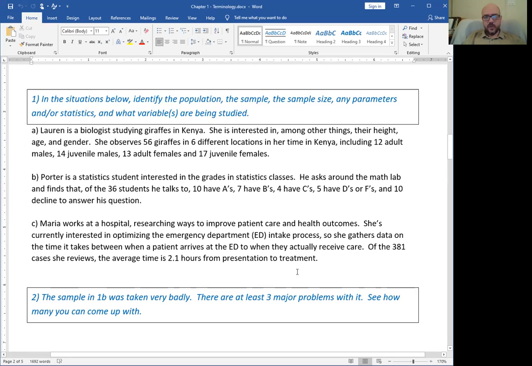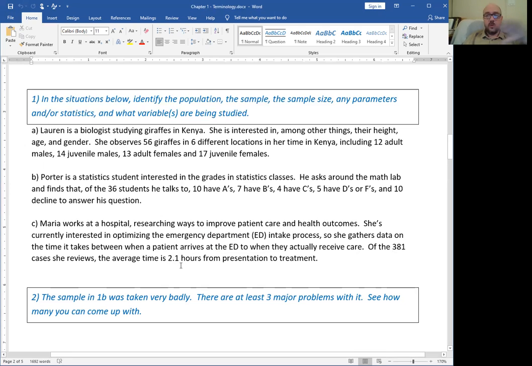Parameters or statistics. Well, the only other number cited here is 2.1 hours. That is, the average time is 2.1 hours from presentation to treatment. Now, you might be tempted to say, well, that sounds like the average time for the whole emergency department. No. This is specifically about the 381 cases, so that means this right here is a statistic because it's about the sample.